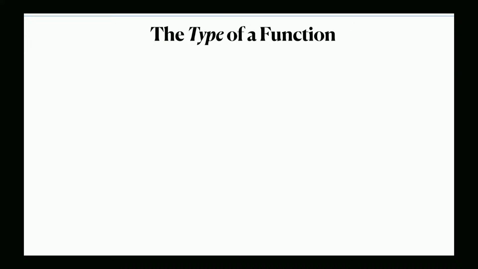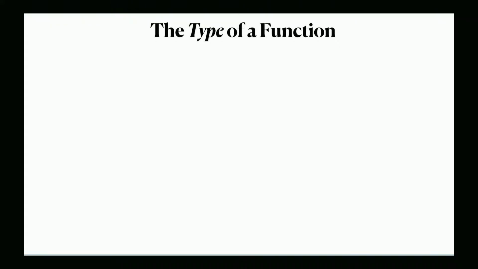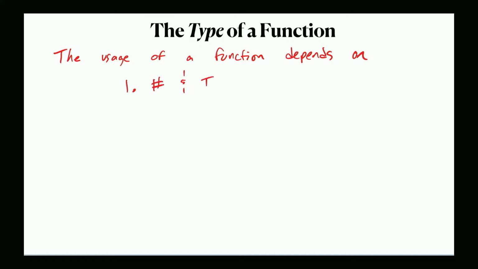And I'd like to take some notes on the type of a function. So what we've just established is that the type of a function, or the usage of a function, depends on 1, the number and type, parameters, order as well, order, number and type of parameters, right?